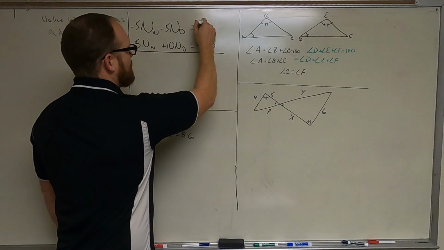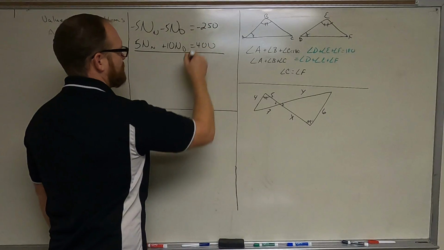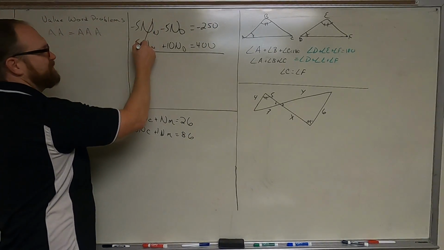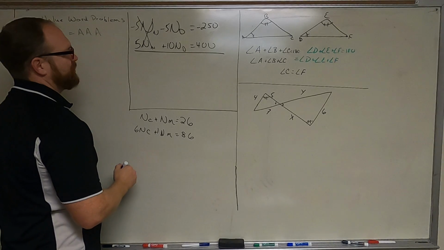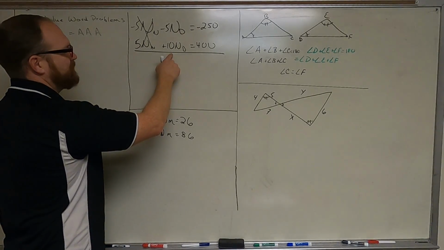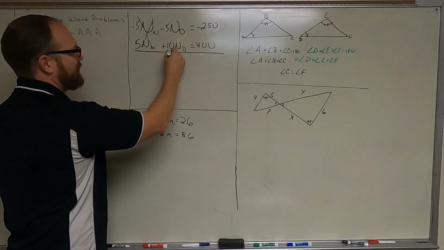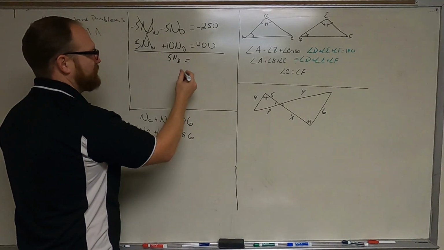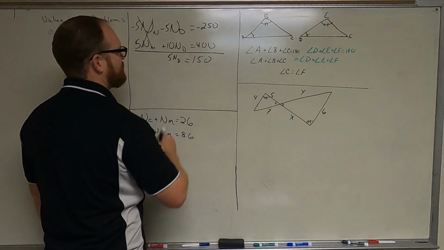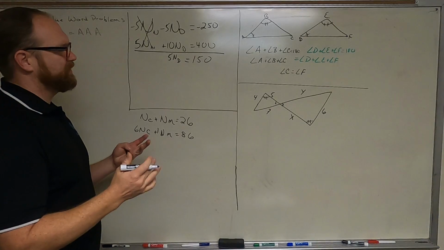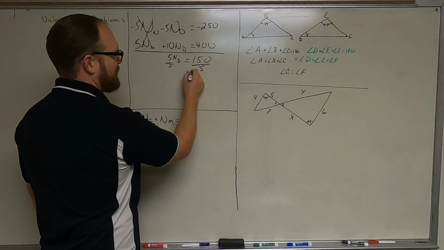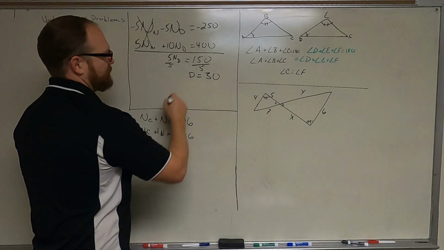That 50 becomes a -250. Okay, so you see what happens is the nickels are now canceled, they're gone. Then we have the number of dimes, 10 minus 5, of course there's 5 number of dimes, equals, well, 400 minus 250 is 150. Once we get that, we can just divide by 5 on both sides and say our dimes equal 30.